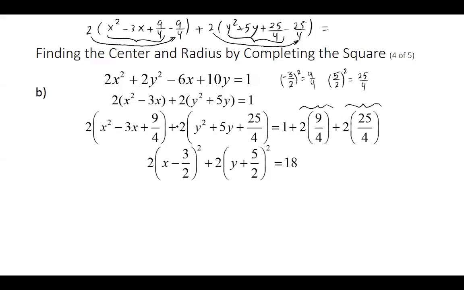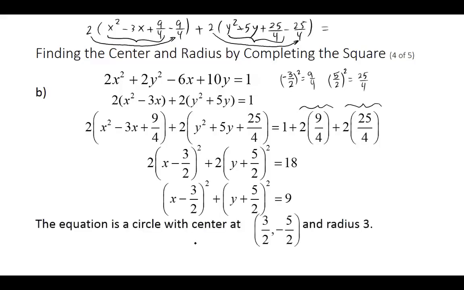I would get 2 times x minus 3/2 squared plus 2 times y plus 5/2 squared. And if I combine what I have on the right-hand side, I would get 18. Now, if I divide each term by 2, then I would get my equation here. X minus 3/2 squared plus y plus 5/2 squared is equal to 9.